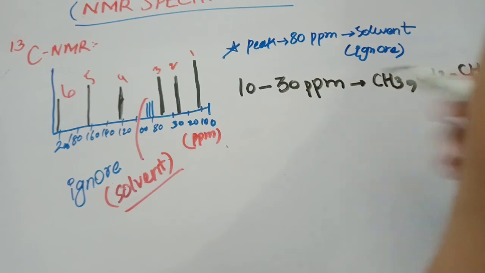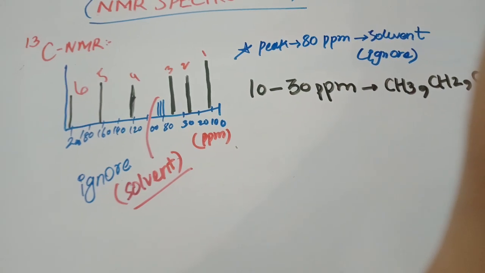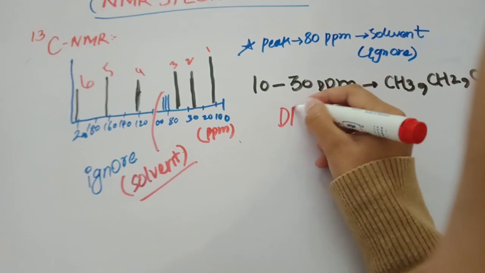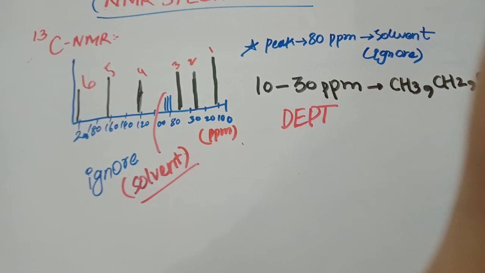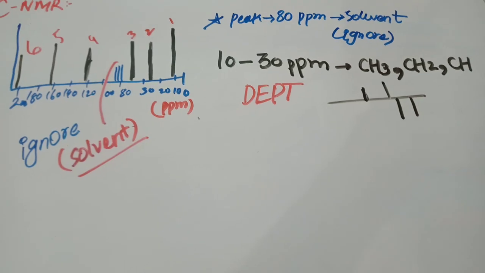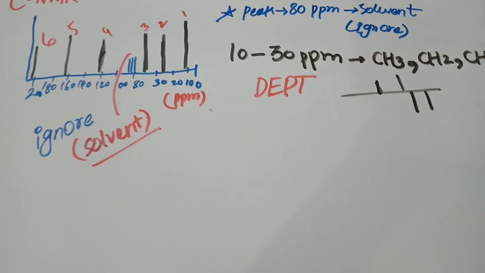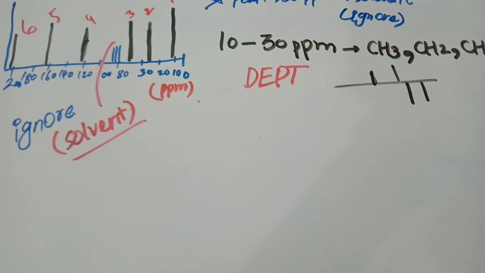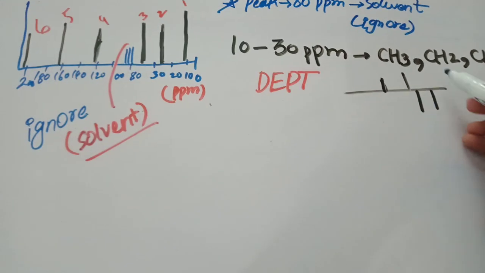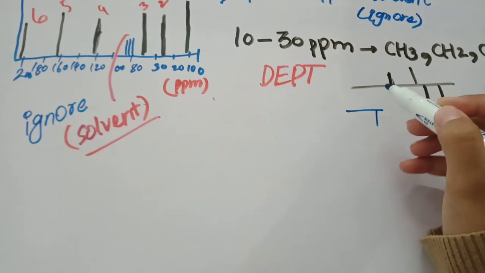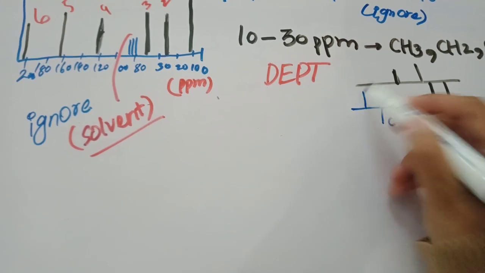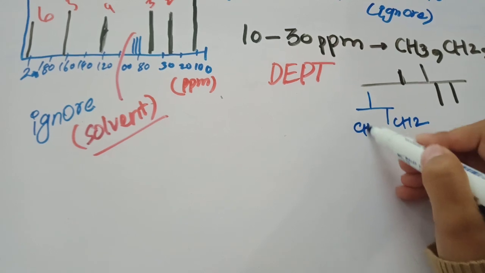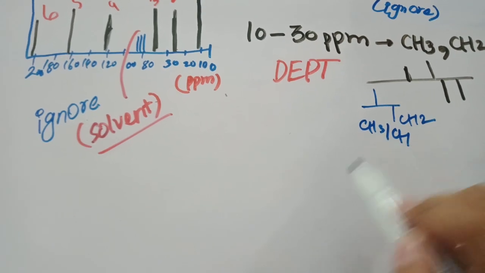Then in DEPT spectra, students, the DEPT spectrum in carbon 13 shows us peaks headed downwards, and these will be CH2s. Those which are present above are CH3 or CH.